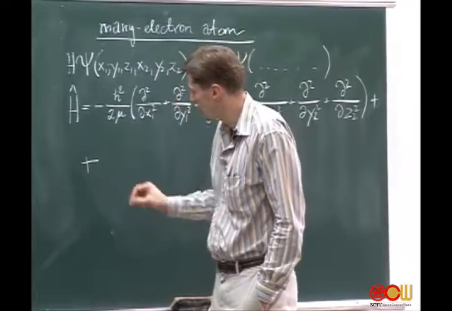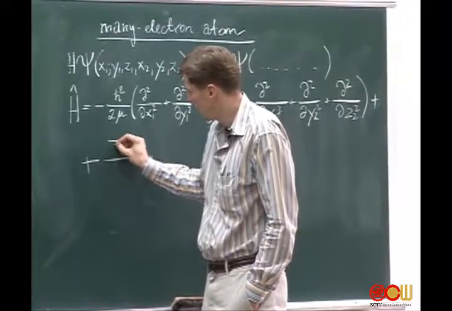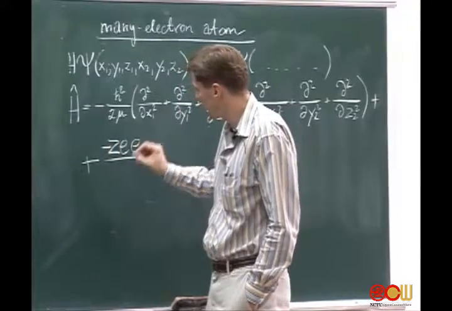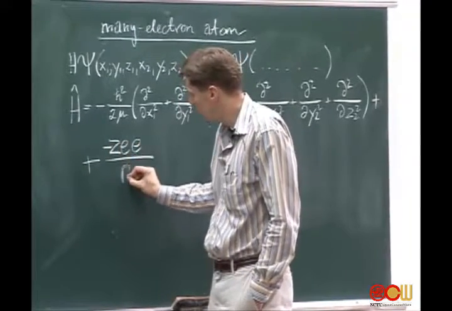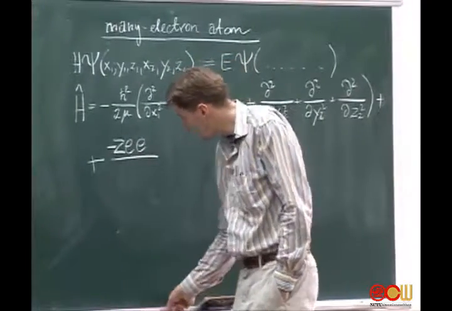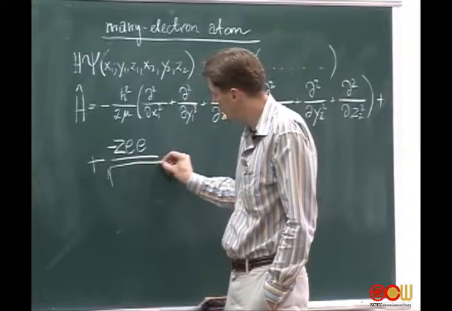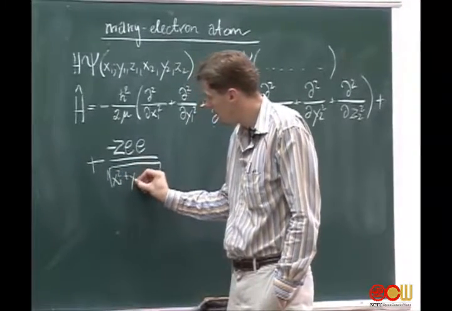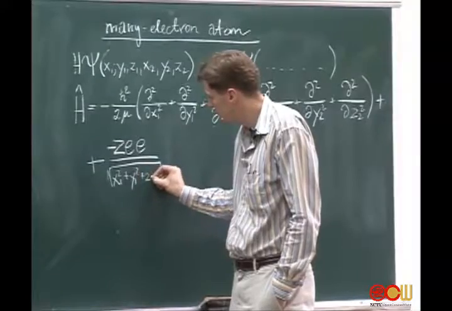So the potential energy, what would that be? That would be Ze with the minus charge of the electron divided by the position of the first electron. If I'm using the x coordinates, that would be x1 square plus y1 square plus z1 square.